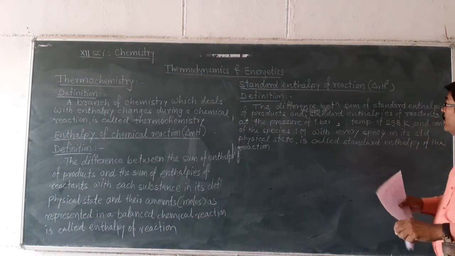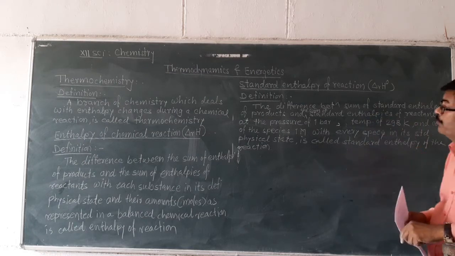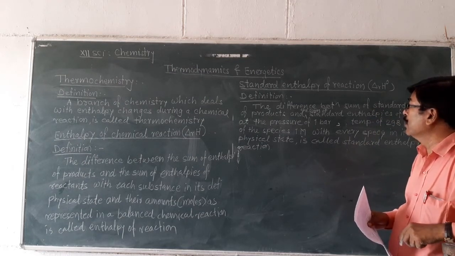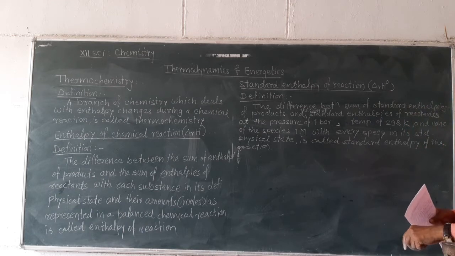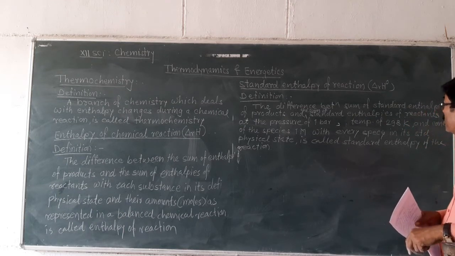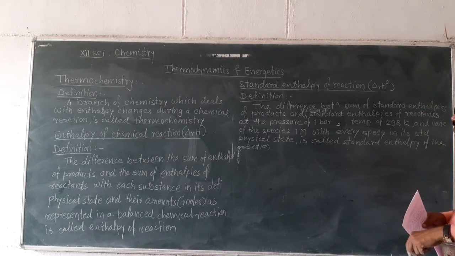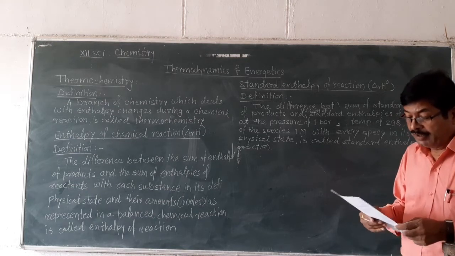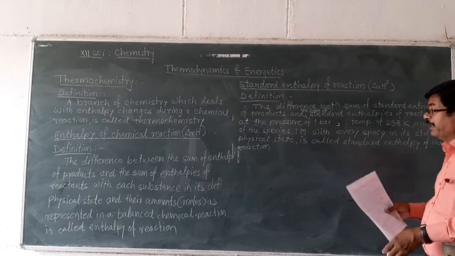The difference between the sum of standard enthalpies of products and the sum of standard enthalpies of reactants at a pressure of 1 bar, temperature of 298 Kelvin and concentration 1 molar with every species in its standard physical state is called standard enthalpy of reaction.